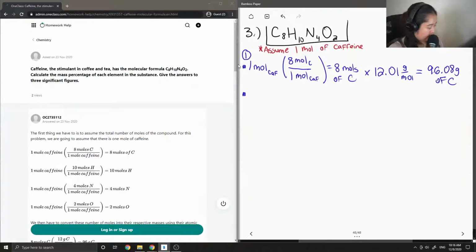Okay, so we can do the same thing. Let's move on to hydrogen. We know we have 10 moles of hydrogen. We're going to multiply this by hydrogen's atomic mass, which is 1.01 grams per mole, to give us 10.1 grams of hydrogen.